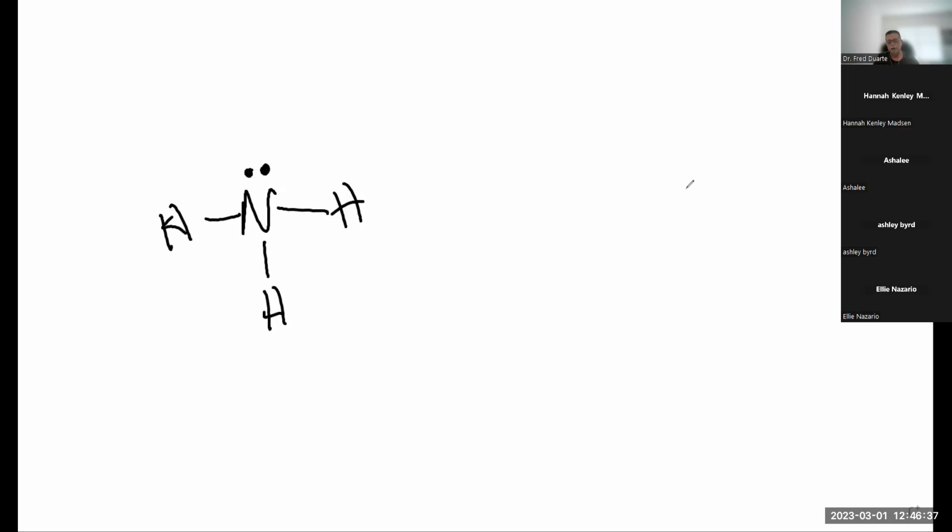When we compare that to methane, which had this structure here, trying to give it a three-dimensional picture, we have carbon in the middle, and two hydrogens are in the plane of the paper. This wedge represents a hydrogen coming out of the plane, and the hatch mark is a hydrogen going to the back.